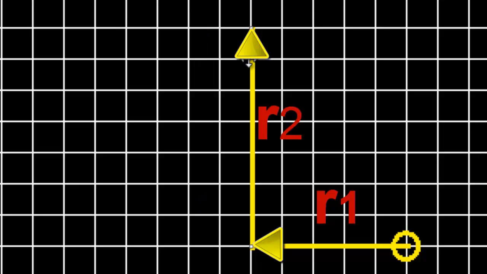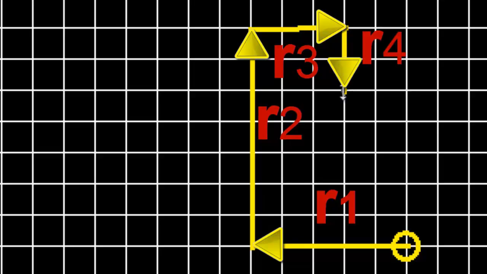R3 is 3 east. So that would be 1, 2, and 3 east. R4 would be 2 south. So that would be going downwards. 1 and 2. And the last one would be R5, square root of 32.